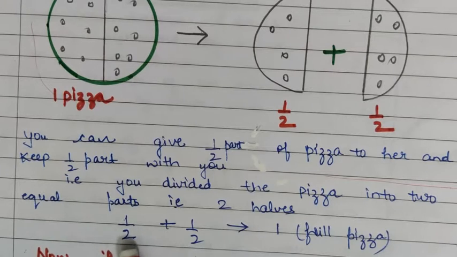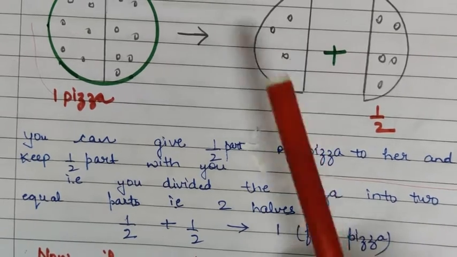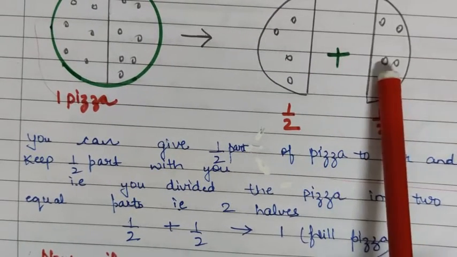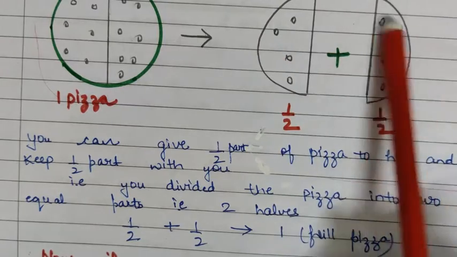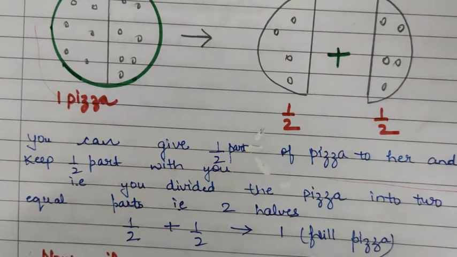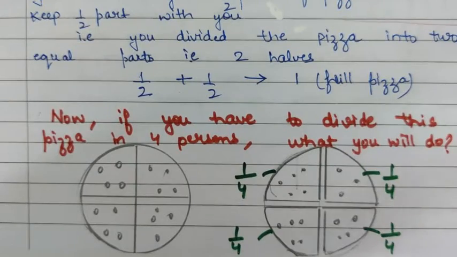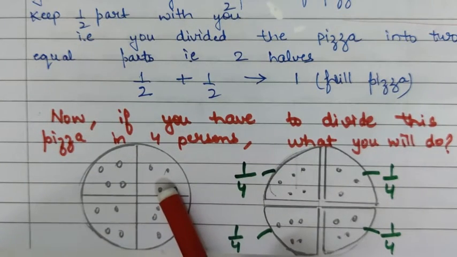Now one half and other half is giving us one full pizza. Means if you join these two halves, you will get the whole pizza again. Clear? Now if you have to divide this pizza in 4 persons, then what will you do?